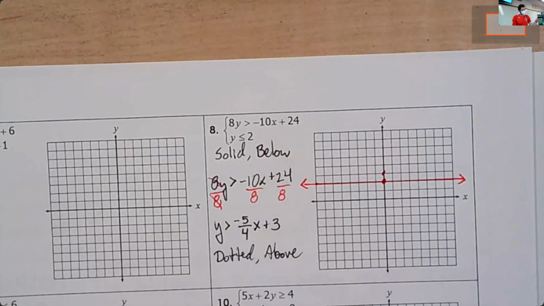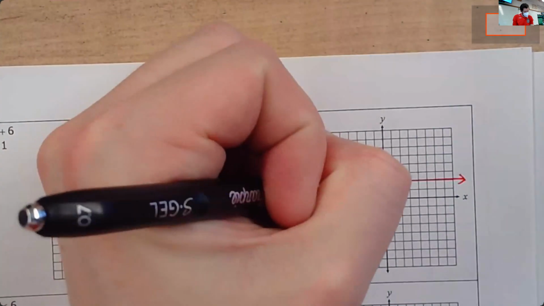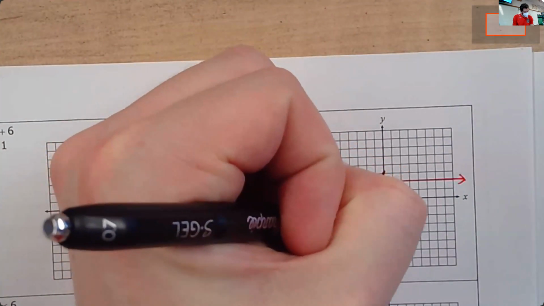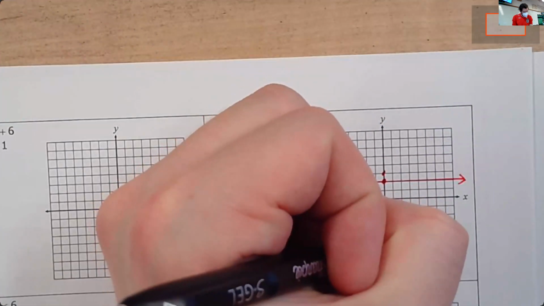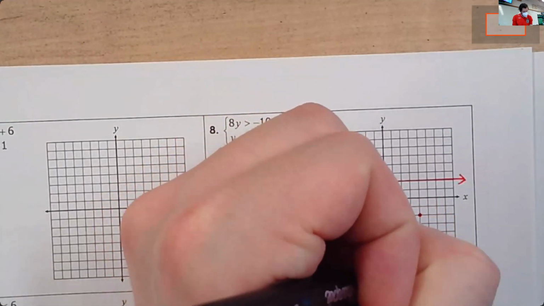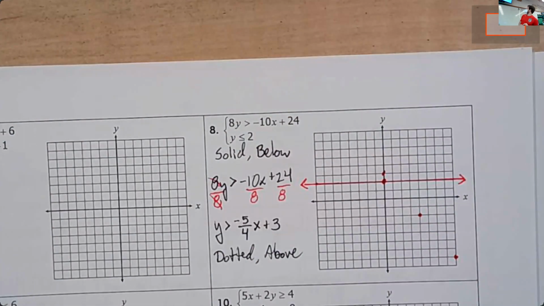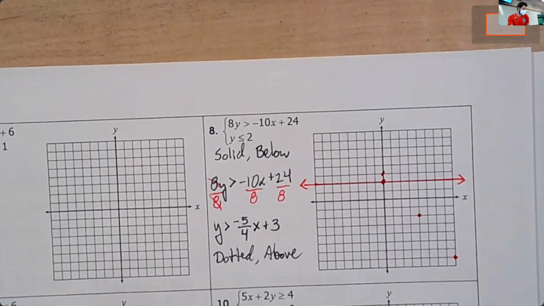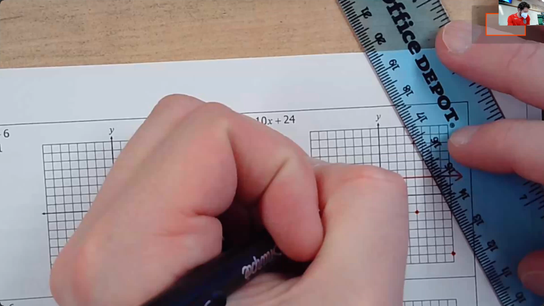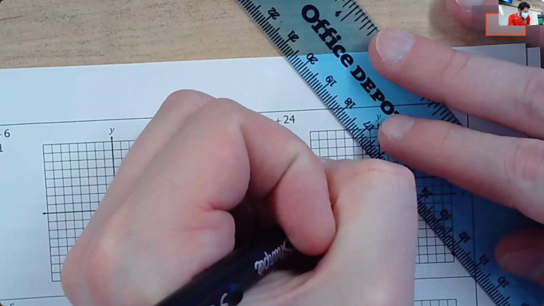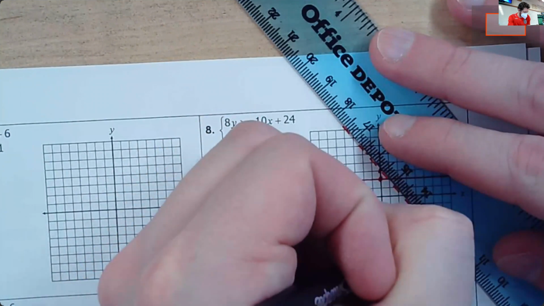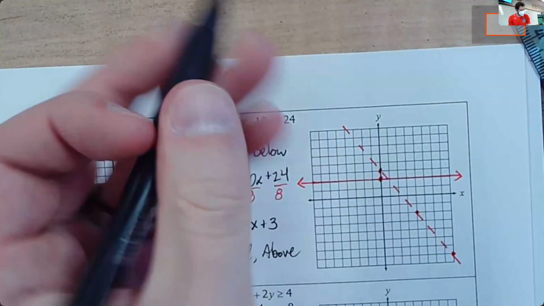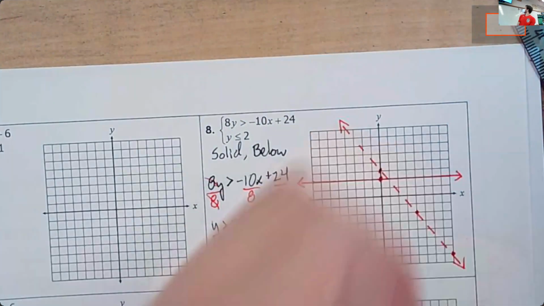So down 5 over 4. I think we got room for one more. We'll put a dotted line through those points. Just like that.